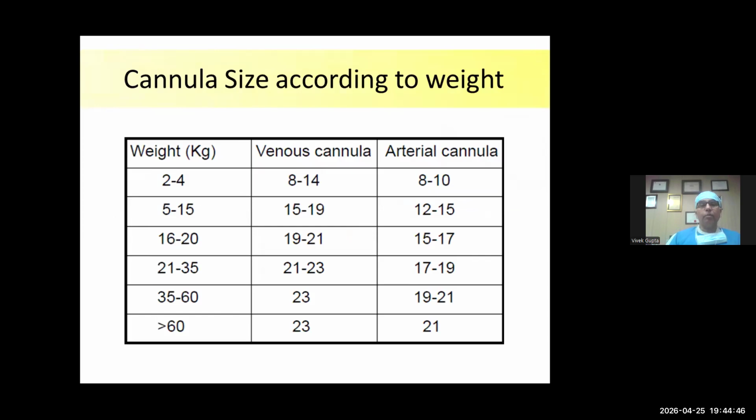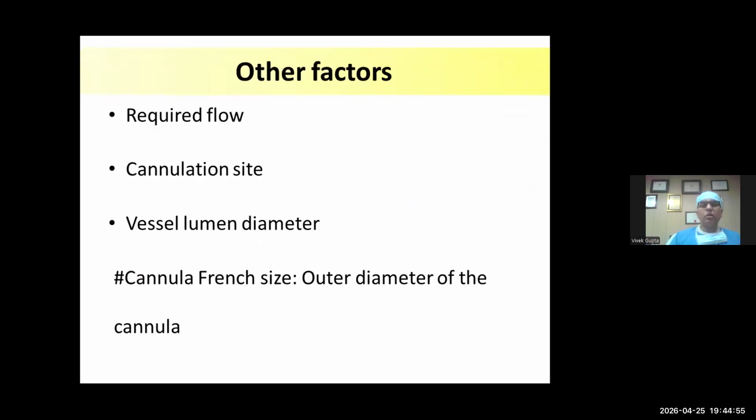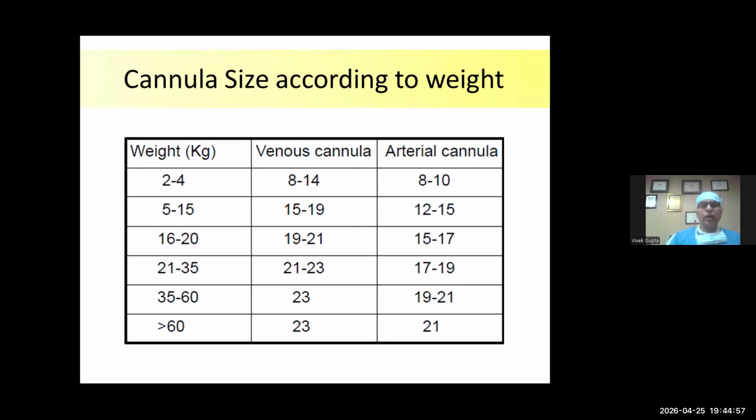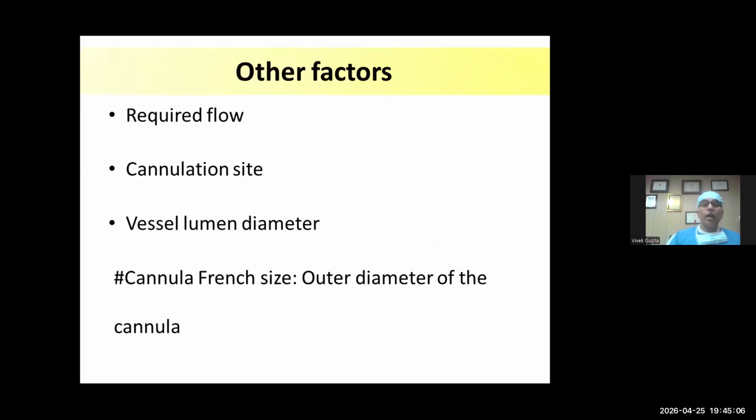So we must know the cannula characteristics and the size. There is always a good guide about the size depending upon the weight of the patient. But to simplify, for an adult patient, usually a venous cannula of 25 to 27 French is okay, and an arterial cannula of 17 to 19 French.